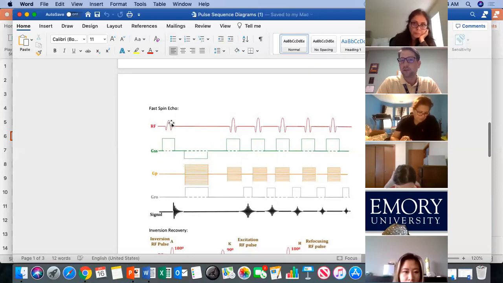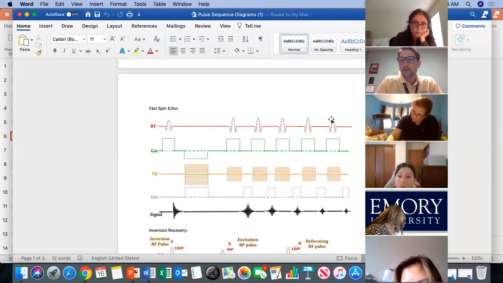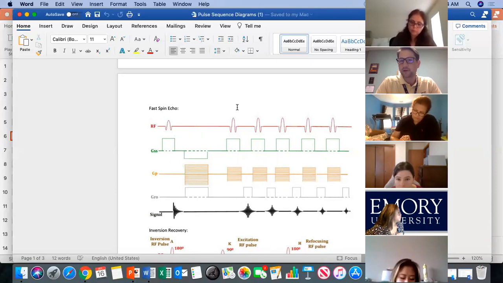So this initial one was 90, but then we had 1, 2, 3, 4, 5 180-degree refocusing pulses. So that was what we call our turbo factor or our echo train length, and it was 5.